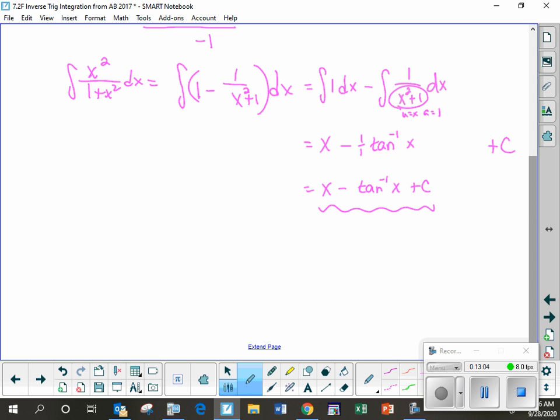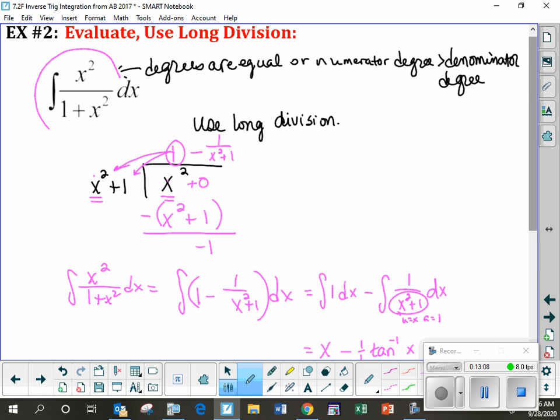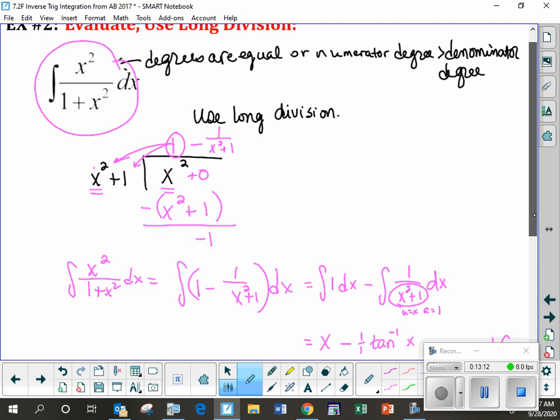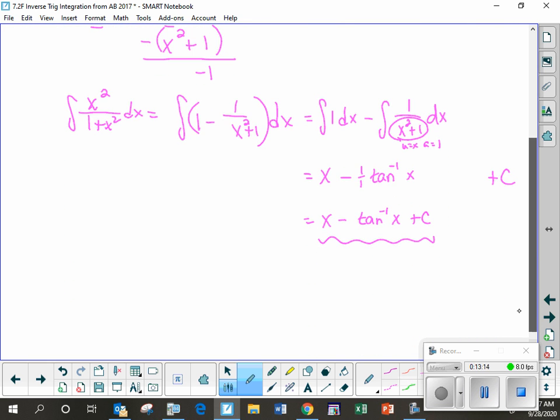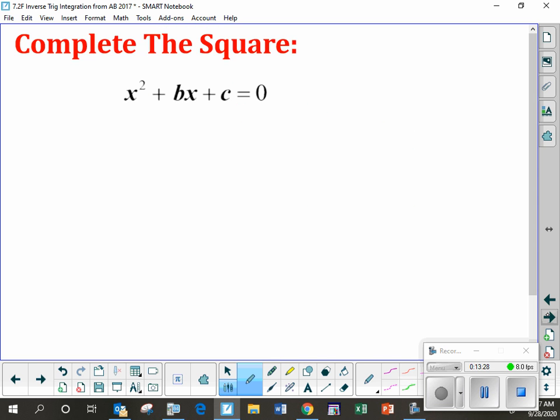It doesn't take very long, and we can get some quite difficult integrals. You just have to be alert to all your possibilities. So far we know u-sub, we know some trig substitution techniques, we have inverse trig integrals, and now the technique of long division.